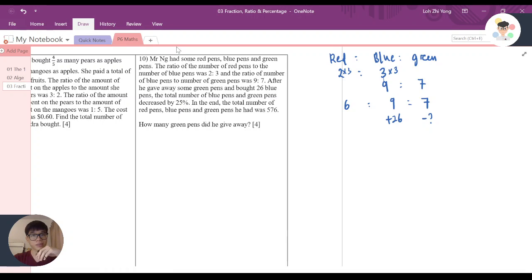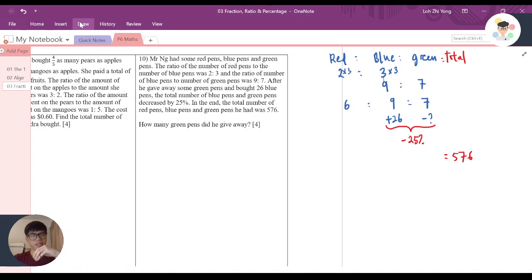So basically it means that because of the actions here, 26 plus 26 minus something, it causes the 25% decrease. Okay? And here it says in the end, the total number of red pens, blue pens, and green pens left is 576. Means that now the total in the end is 576.